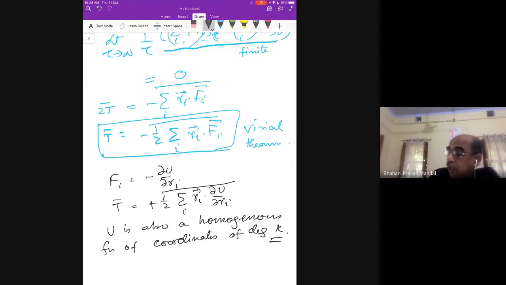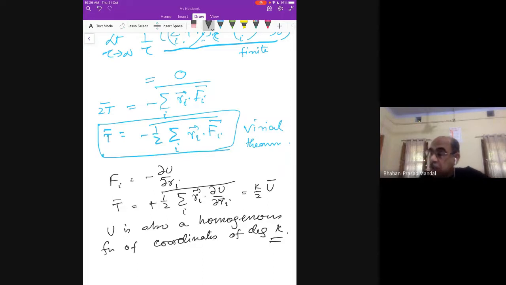So again Euler's theorem I can write, this term will be k times u. So this will be k by 2 u bar. Right? r dot del u del r is nothing but k times u, because I am assuming that u is also a homogeneous function of coordinates of degree k. k can be minus 1, plus 1, 2, 3 or something like that.